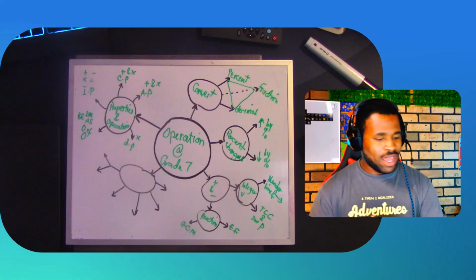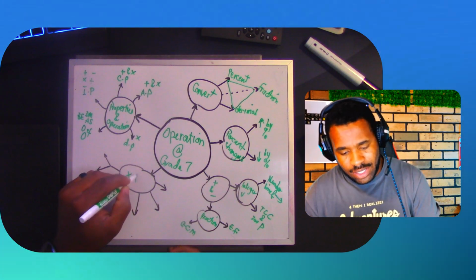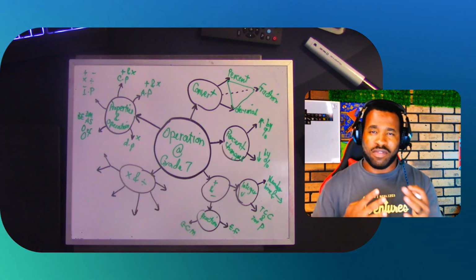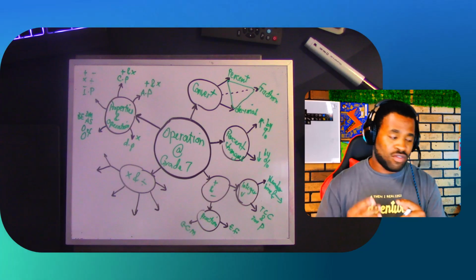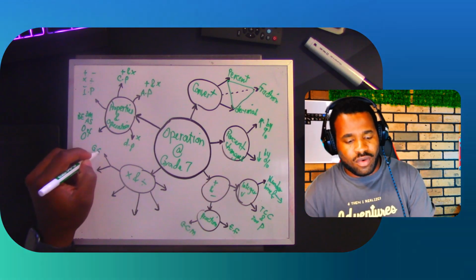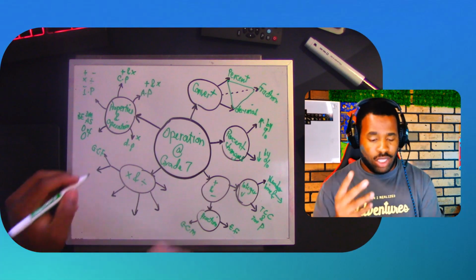Now the final one here is looking at multiplication and division, and this is going to be addressing a couple of interesting things. First, students should be able to know how to derive the greatest common factor, and this can be done in two ways.